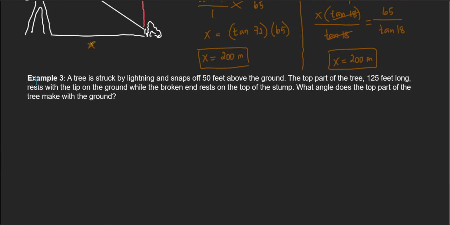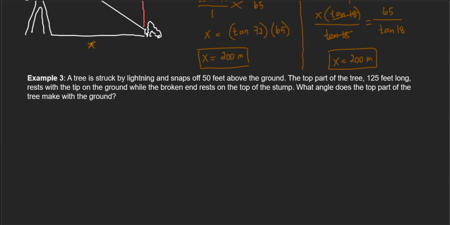Now say for example, we have the third problem. A tree is struck by lightning and snaps off 50 feet above the ground. The top part of the tree, 125 feet long, rests with the tip on the ground, while the broken end rests on the top of the stump.